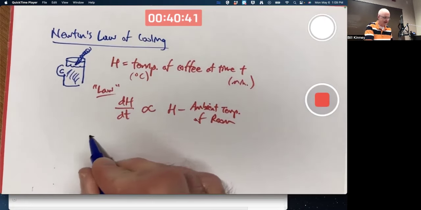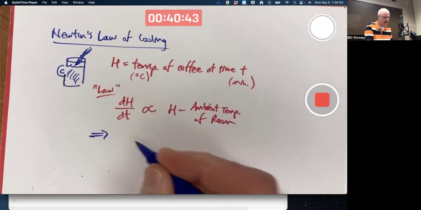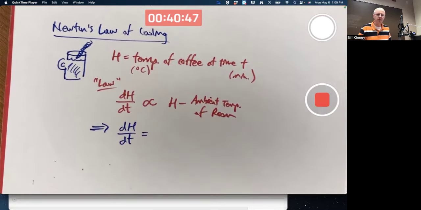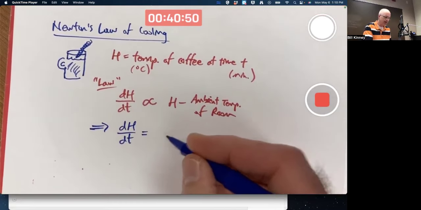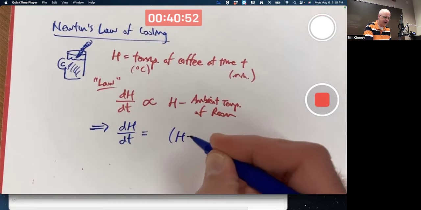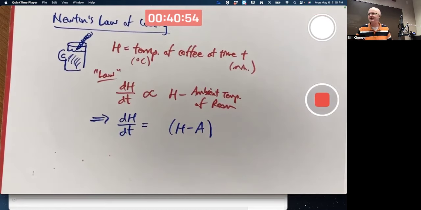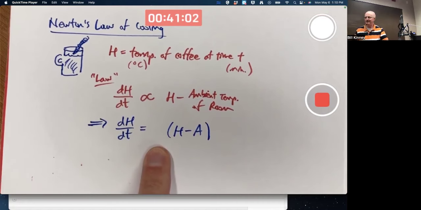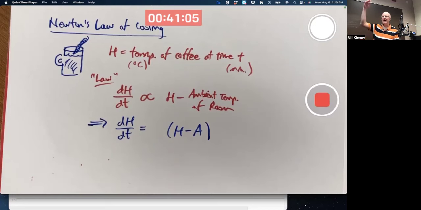But close enough for a good approximation, which is all we're after. You can convert this proportionality statement into an equation as long as you have a constant of proportionality. Leave a little space. Let me write an H minus A, where A stands for the ambient temperature, the room temperature. Should my constant of proportionality be positive or negative? Coffee's hot.